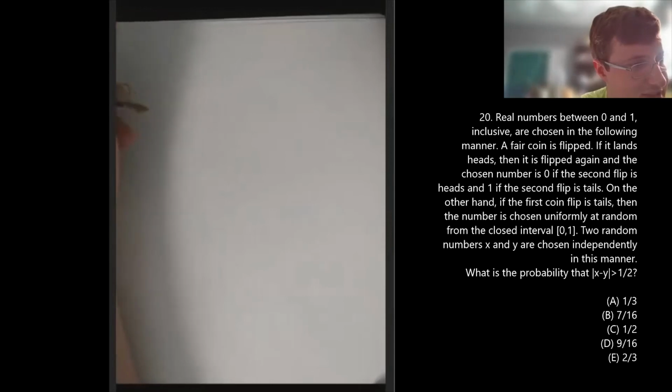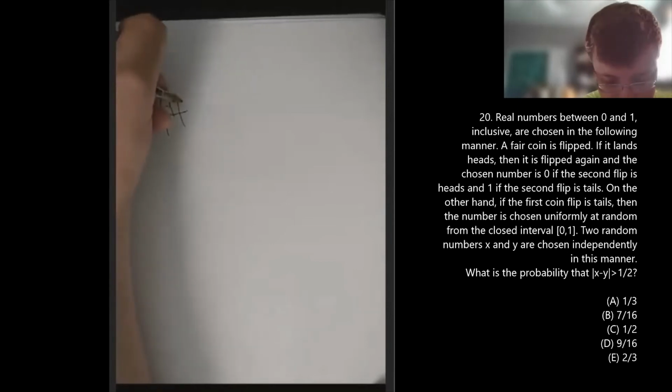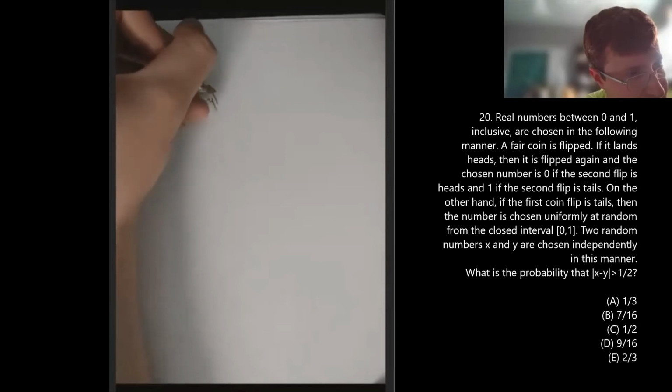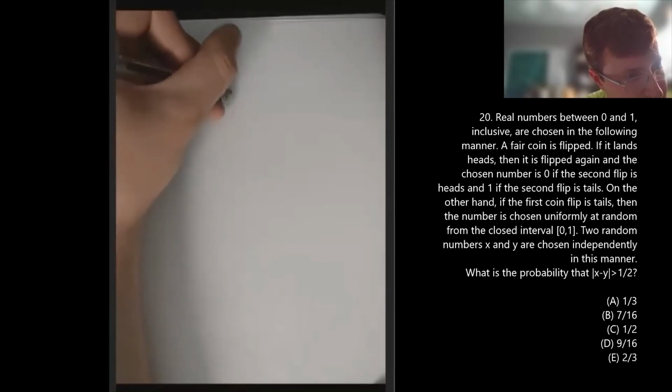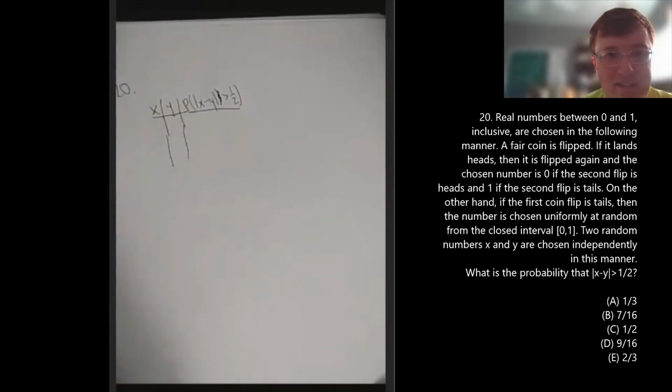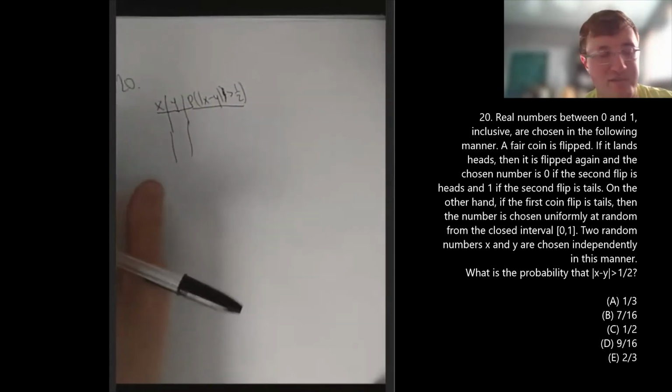So I have 4 cases. Okay, so I'm going to write what happens with x and y, and then the probability that the difference is more than a half.